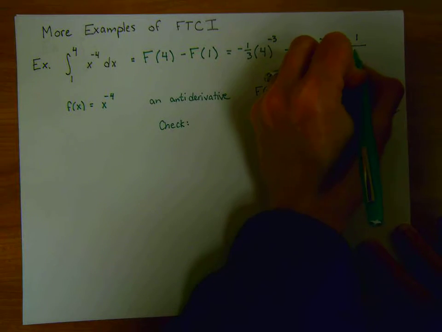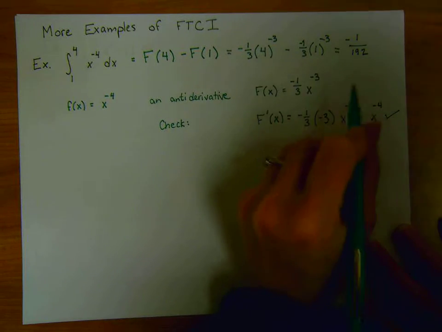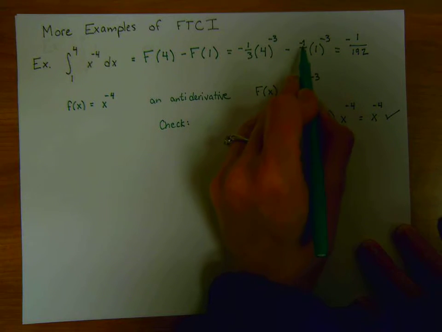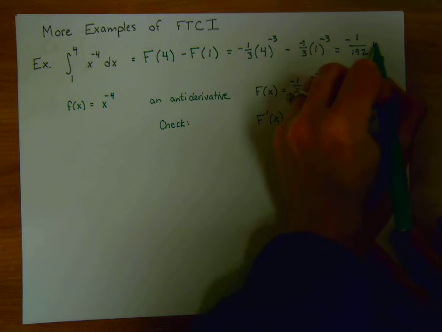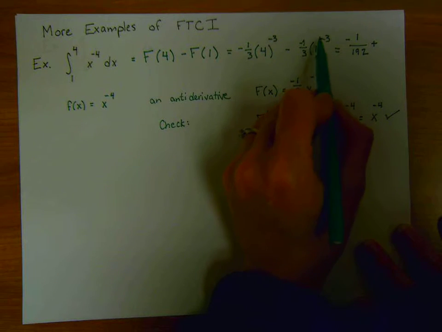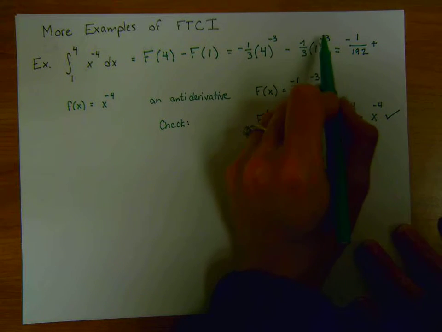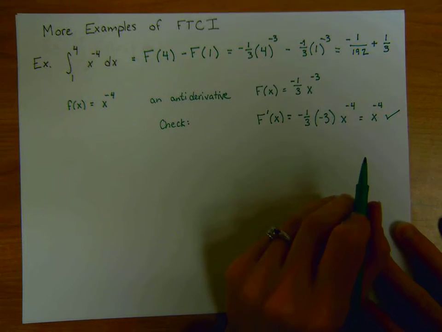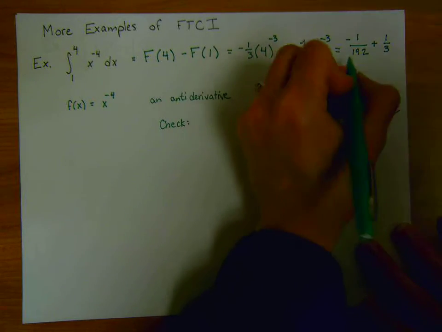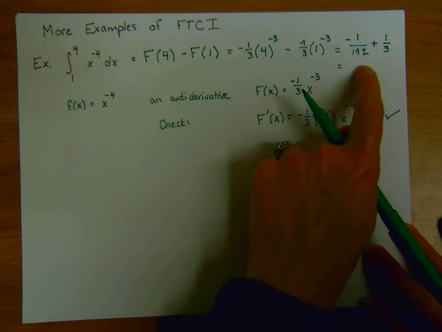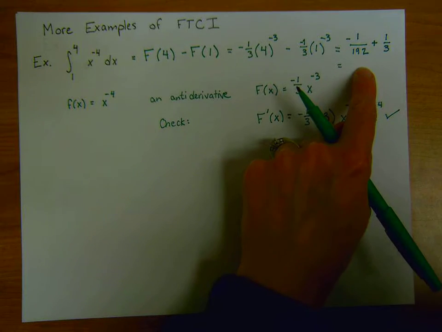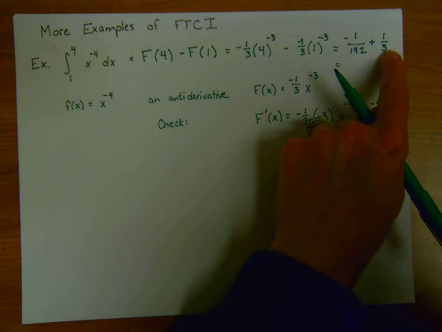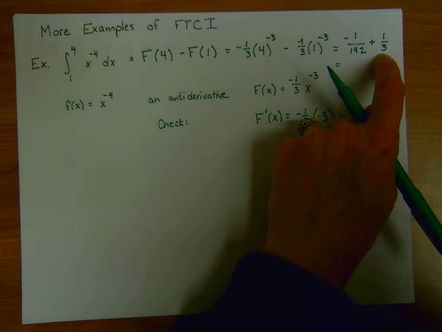So I have negative 1 over 192, and then the negative and the negative cancel to become addition, and 1 to the negative 3, it doesn't matter, 1 times itself however many times is still 1, so I end up with that plus 1/3, and I can get a common denominator, and I find out that this combined fraction is going to be 63 over 192.